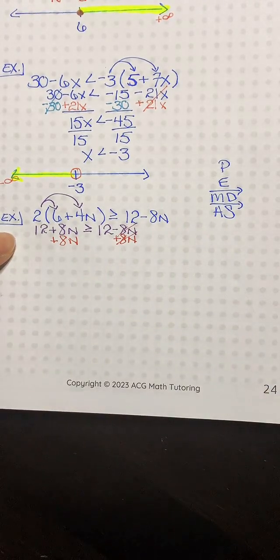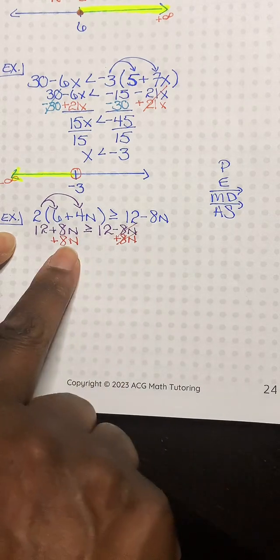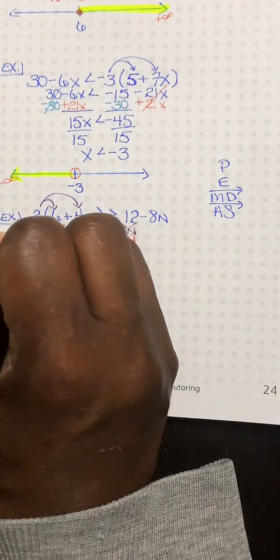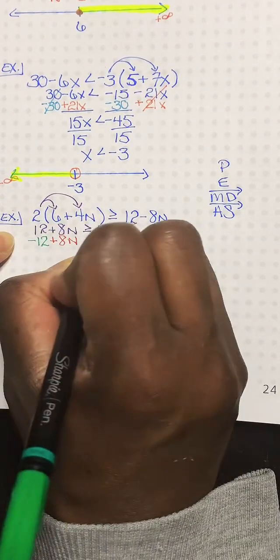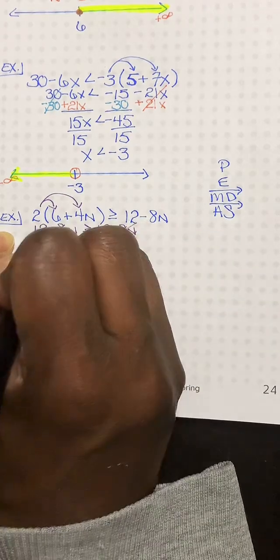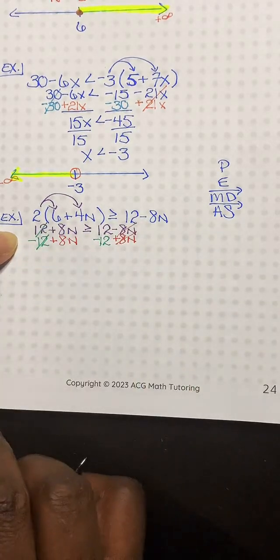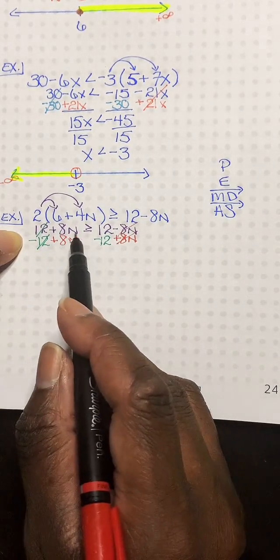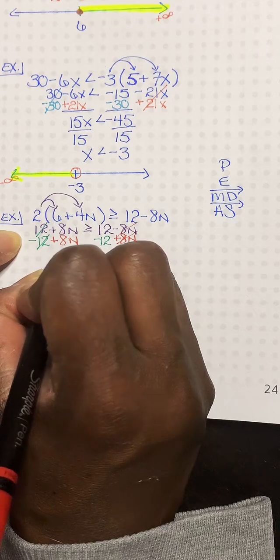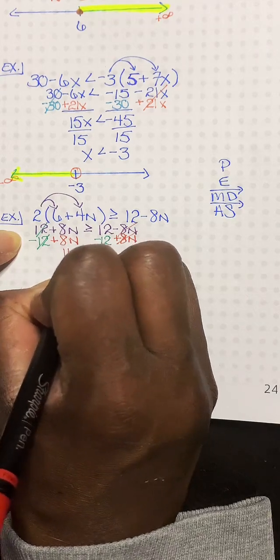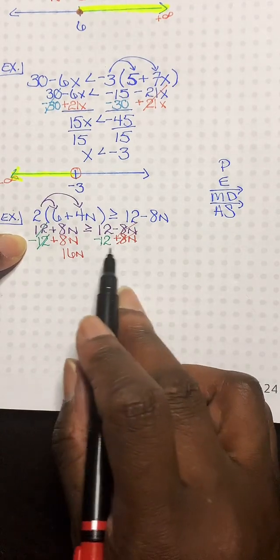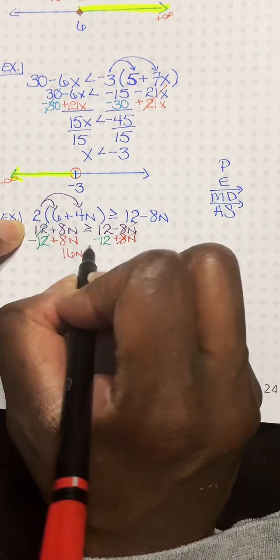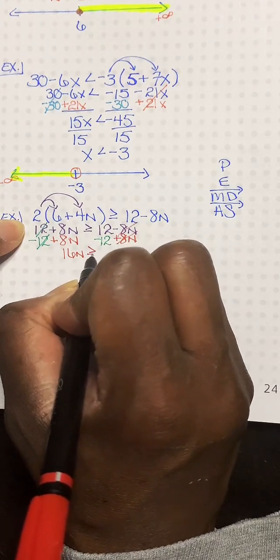While I'm moving my n's over here, I can move this 12 over to the other side. These cancel out and give me 0. Then I have 8n plus 8n, that gives me 16n. I didn't multiply or divide by a negative, so the sign stays the same: greater than or equal to.